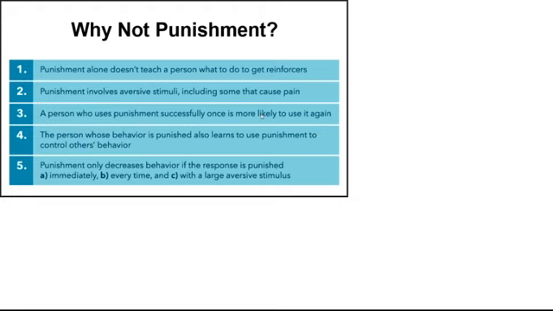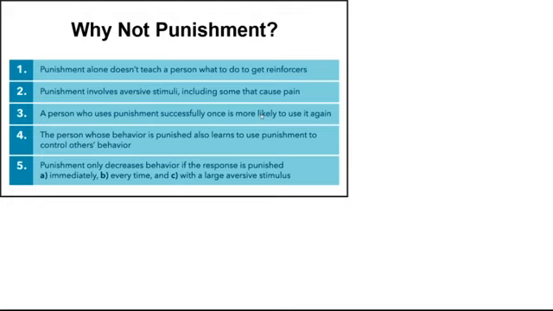So if a child is yelling for their parents' attention and their parents want them to stop yelling, maybe ask them nicely, but you're only using punishment, you're just telling them not to yell. You're not telling them what else to try. And if they don't know what else to try, then you might not get the behaviors that you want. So you should have punishment plus something to focus them in on the proper behaviors.